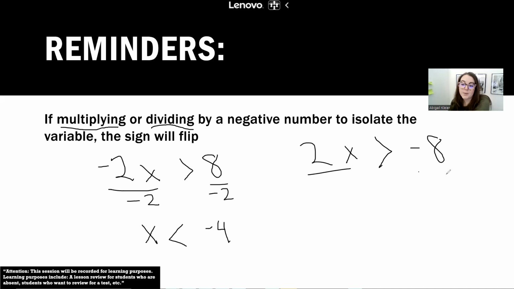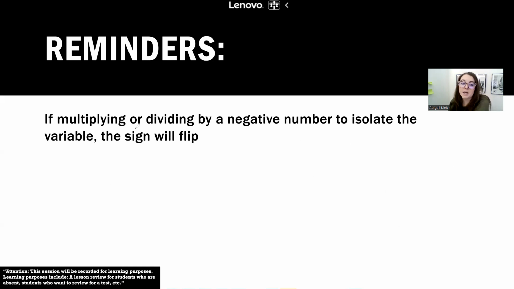Well, in this case, what I'm actually dividing out, that 2, is not a negative number. So this would not result in the inequality symbol being flipped. So again, you only flip the sign, your inequality symbol, if you are multiplying or dividing by a negative value.